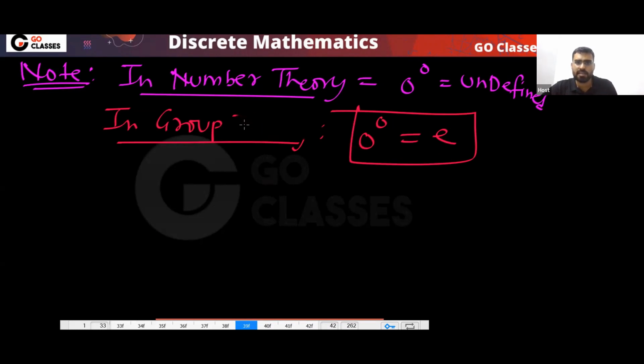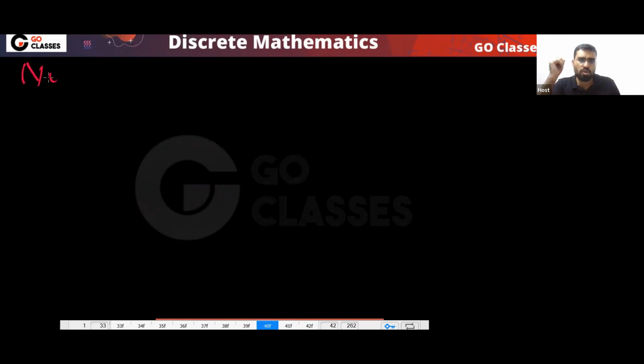Very simple. In any group, whatever group you have, 0 power 0 will always be the identity element. Just note this point.